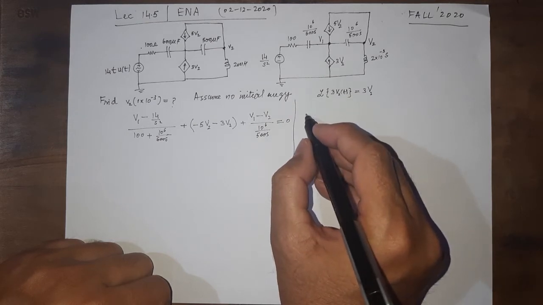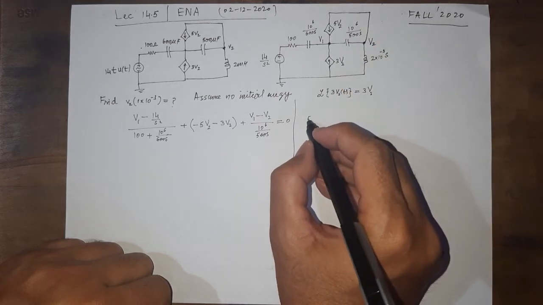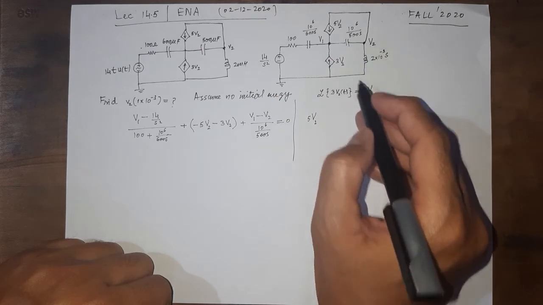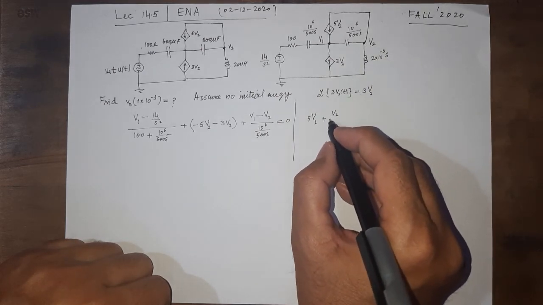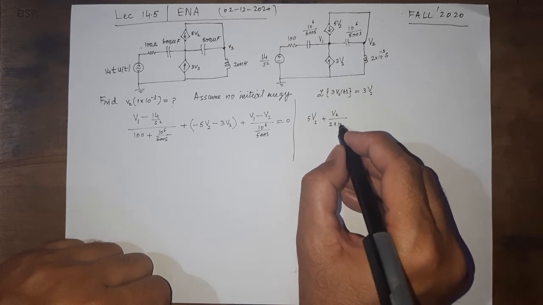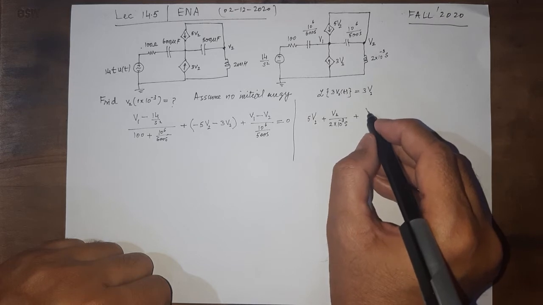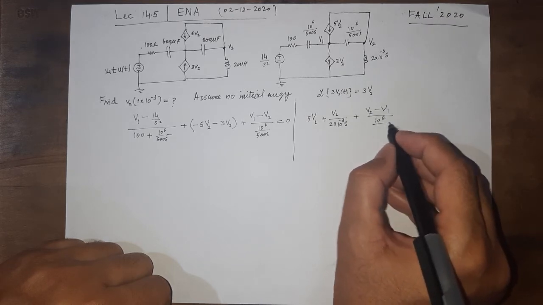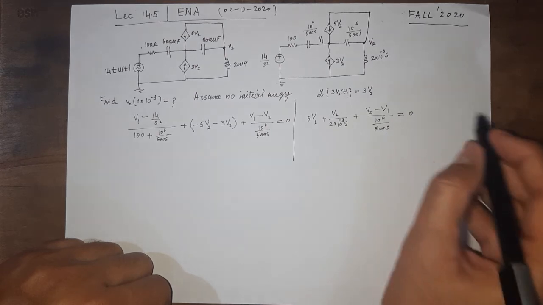And the second equation at V2 would be the outward current is 5 V2, plus V2 over 2 into 10 raised to minus 3 s, plus V2 minus V1 over 10 raised to 6 over 500s, is equal to 0.